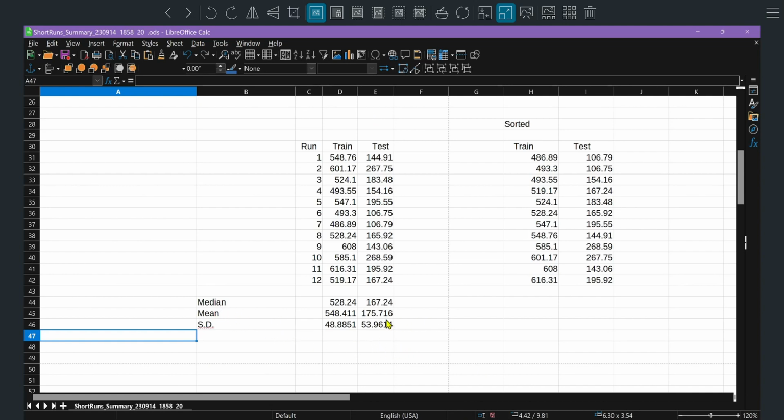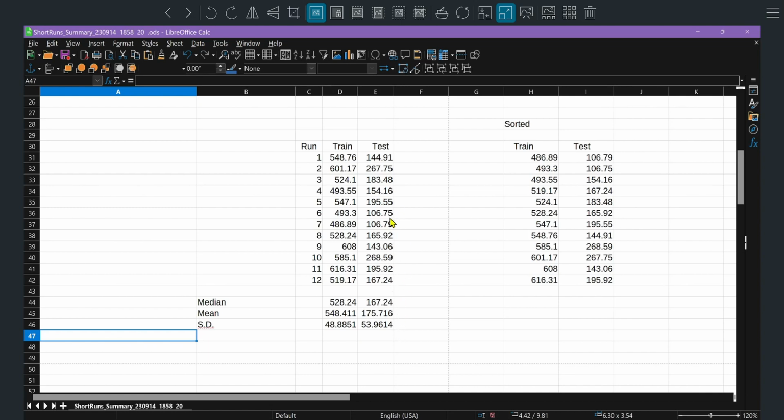The means are here. The important values are over here. The mean return during the testing period was 75% return. So it says 175, but again, 100 is break even. And the standard deviation here is 53.